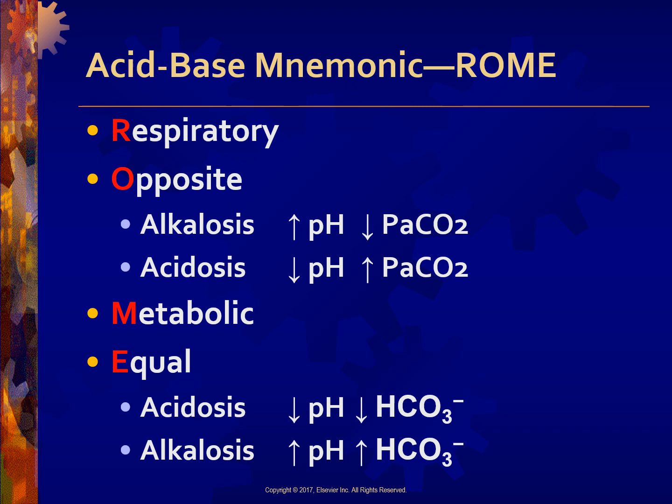And metabolic, think of M for marriage. People married are going to be in the same direction, hopefully. So metabolic acidosis means the pH is low and the bicarb is low. Metabolic alkalosis means the pH is high and the bicarb is high.